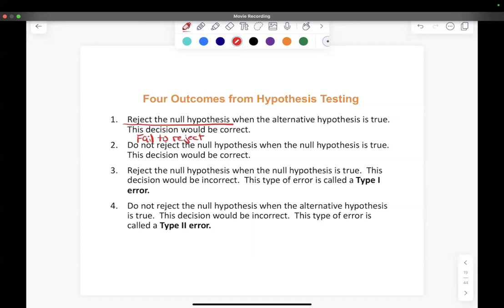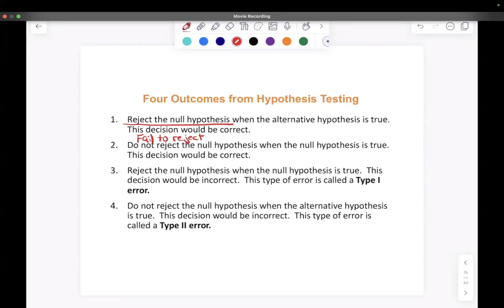I don't care if you say do not reject or fail to reject, but please make it clear whether you are rejecting or not. You're going to be writing out a conclusion in your test. Make sure you're making it clear to me whether or not you're rejecting the null hypothesis.